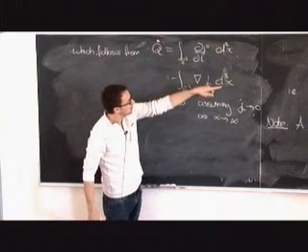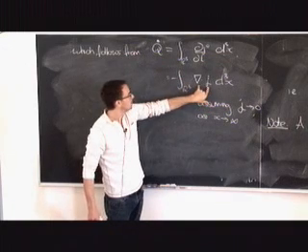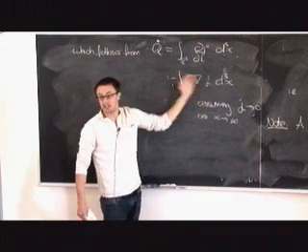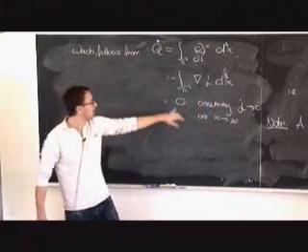We use the current equation to replace the time derivative of j with the spatial derivative of j, but this is now just a total derivative. So as long as there's nothing escaping at the boundary, it's equal to 0.